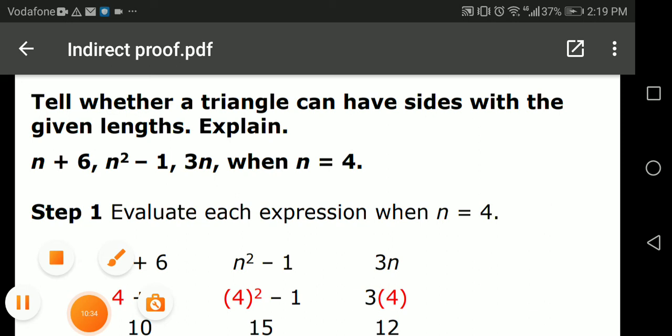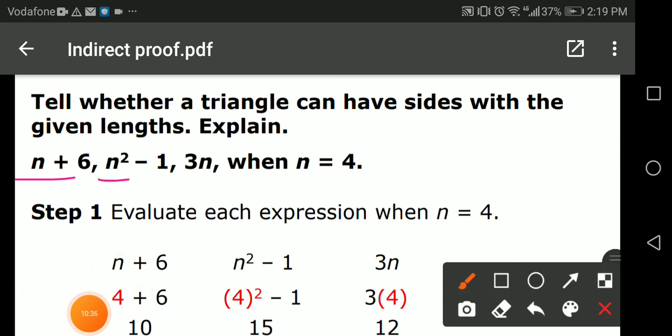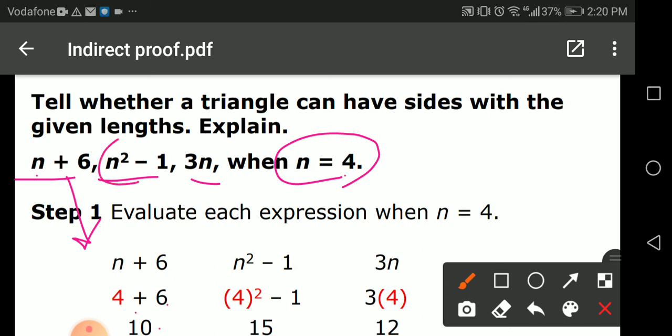The given lengths are expressions, and the value of n is given. So the first step is to substitute and evaluate the expression, and it's very easy. n plus 6: instead of n, write 4. 4 plus 6 is 10. And n to the power 2 minus 1: instead of n, write 4 to the power 2 minus 1. 4 to the power 2 is 16, minus 1 gives me 15.